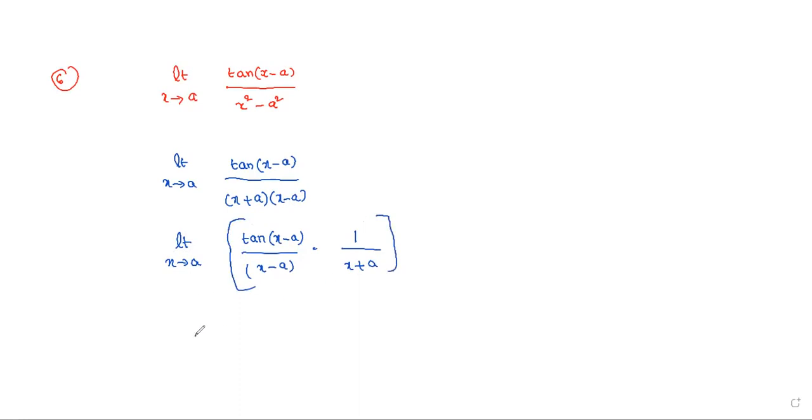Limit applied: tan of x minus a by x minus a is 1, same as sin, and limit 1 by x plus a is 1 by a plus a. So the value is 1 into 1 by 2a, which is 1 by 2a. Okay, right.